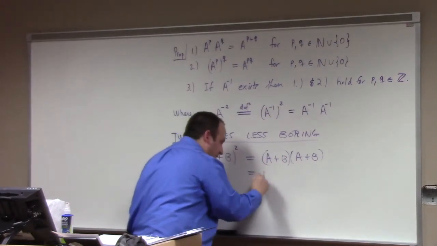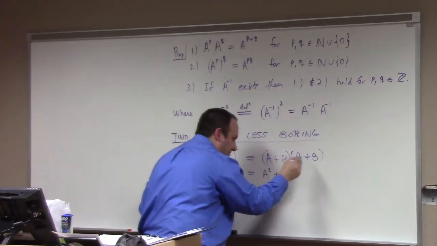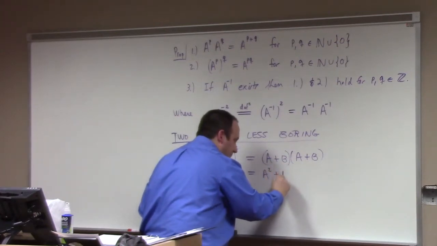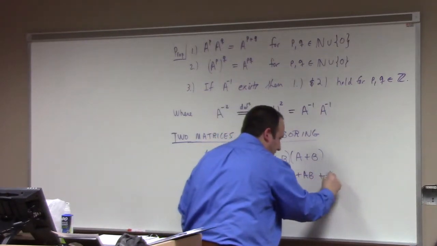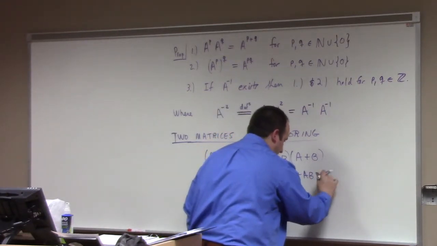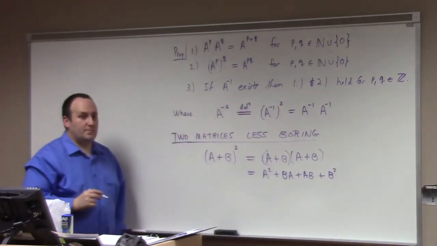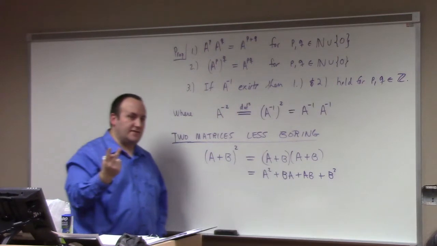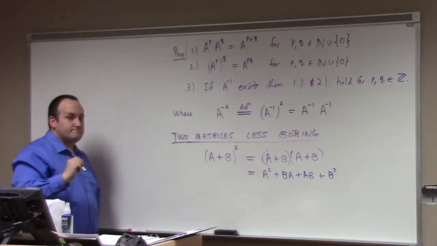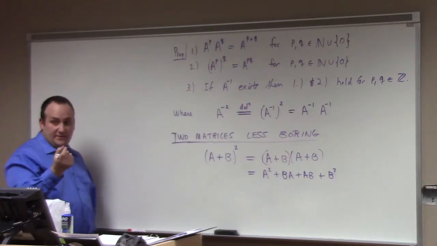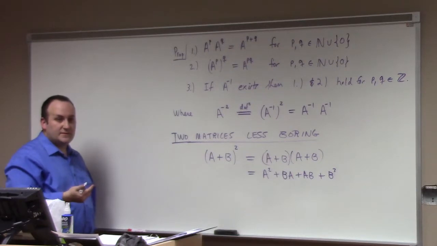We get A squared plus BA plus AB plus B squared. And some of you were saying 2AB, and unfortunately, you'd be wrong. Because in matrix multiplication, AB does not have to be equal to BA. Since matrices don't necessarily commute, we don't just put 2AB there. It's AB plus BA.